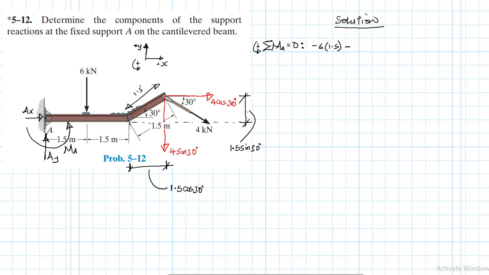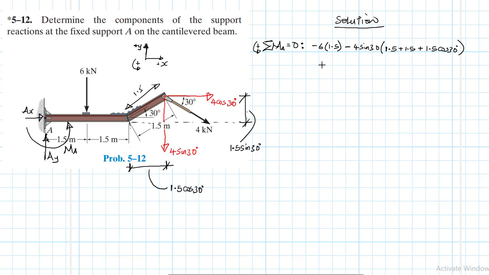So it will be minus 4 sine 30 times 3, because 1.5 plus 1.5 is 3, plus 1.5 cos 30.